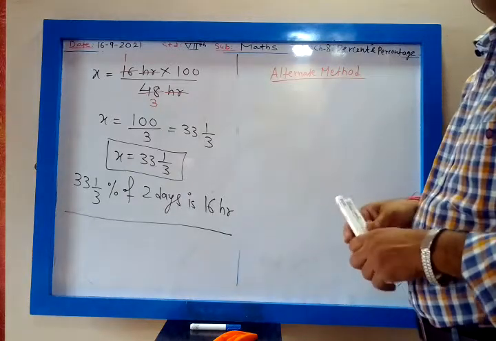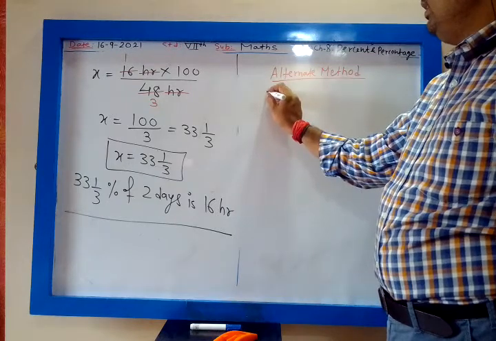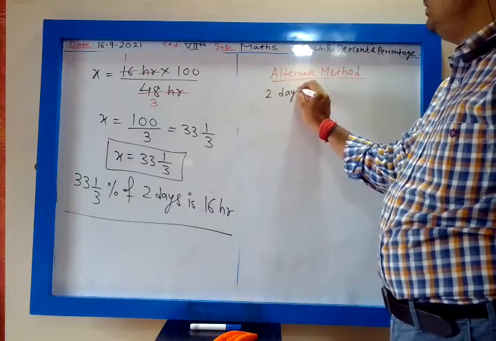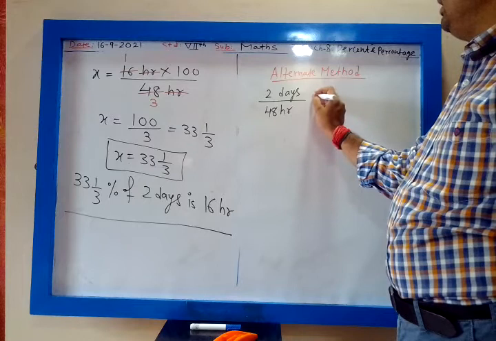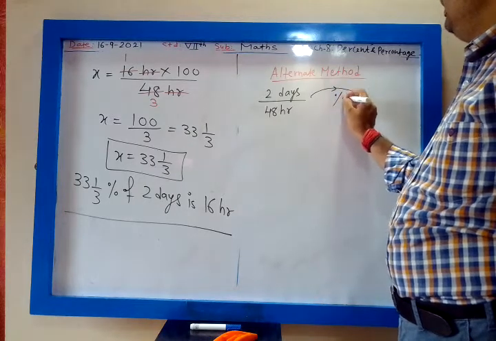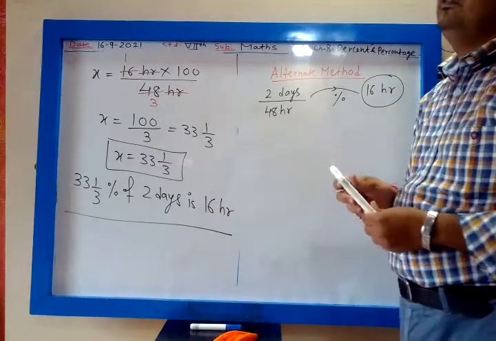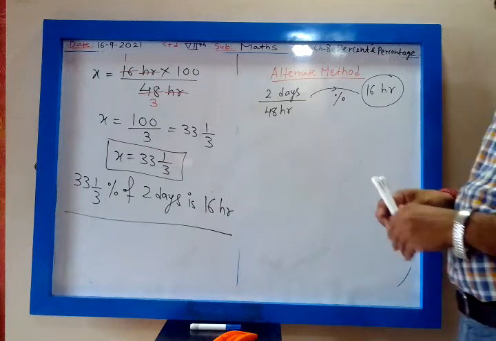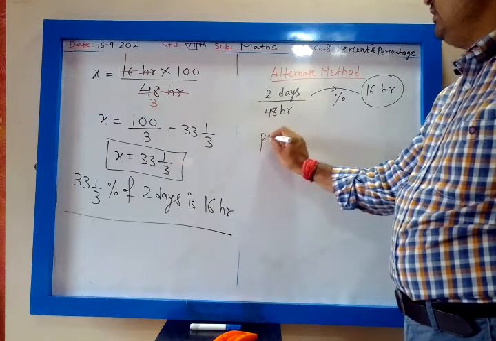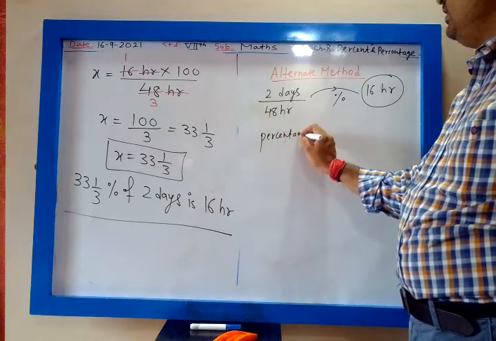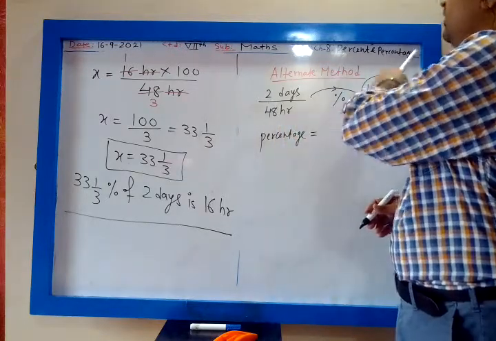You are given 2 days. 2 days means 48 hours. 48 hours becomes 16 hours.